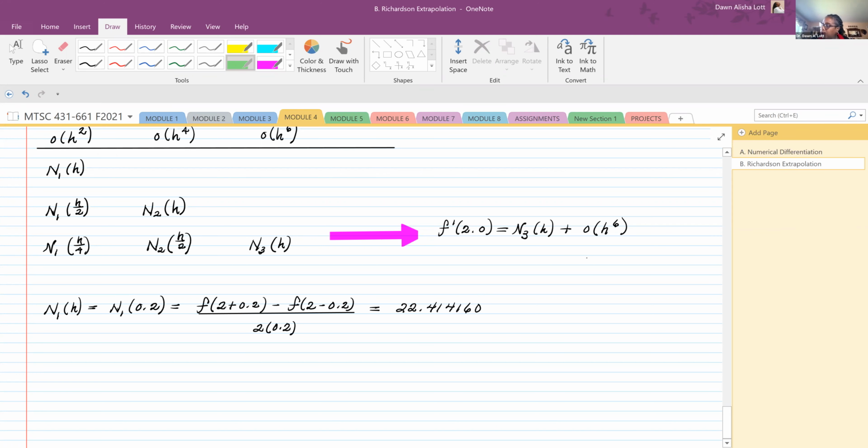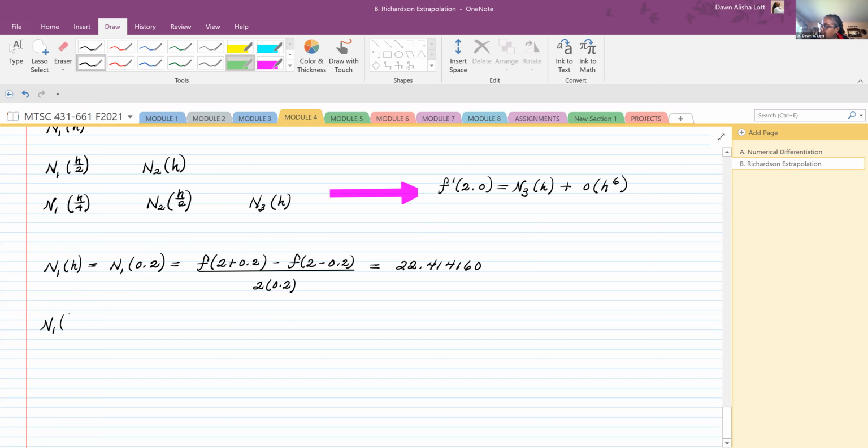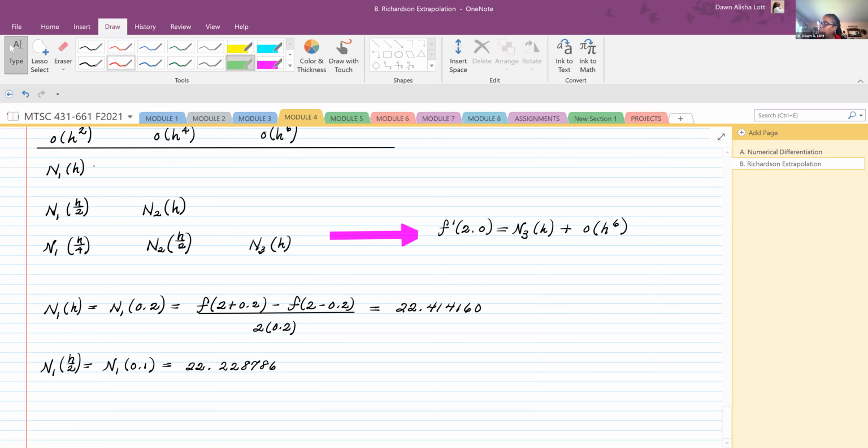And then we compute N1 of H over 2. So N1 of H over 2 is N1 of 0.1. And that just turns out to be 22.228786. So now we found number 2. So this one was number 1. This one was number 2.